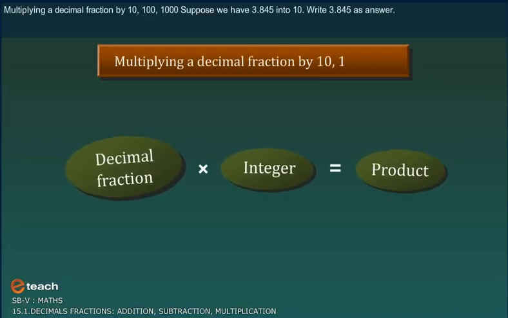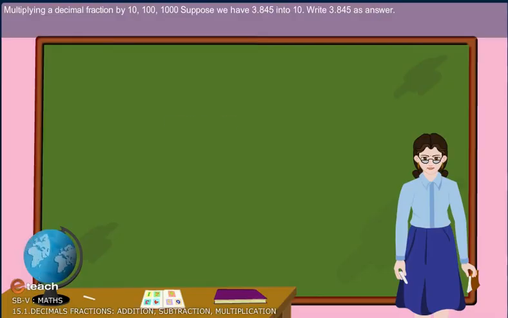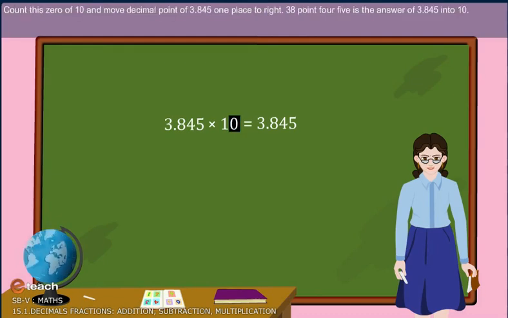Multiplying a decimal fraction by 10, 100, 1000. Suppose we have 3.845 into 10. Write 3.845. Count the zero of 10 and move the decimal point of 3.845 one place to the right. 38.45 is the answer of 3.845 into 10.